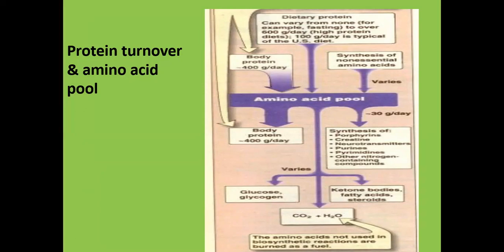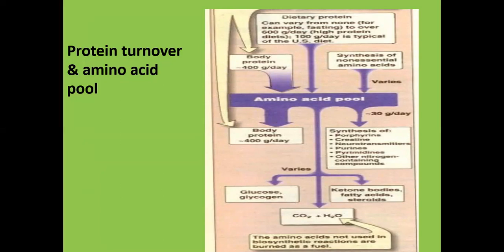Approximately 100 grams of amino acids are present in the amino acid pool. What is the source of these amino acids? These amino acids in the amino acid pool come from three sources.